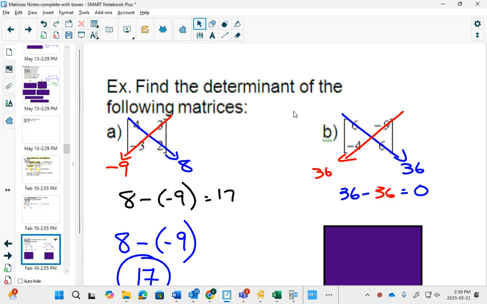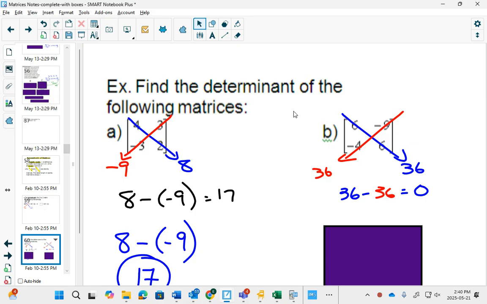And determinants are going to be important for finding inverses. And inverses are what we use instead of dividing in matrices. Notice we learned how to add, we learned how to subtract, we learned how to multiply, but we never learned how to divide. We're going to want to do mathematics with matrices, and instead of dividing, we have an inverse.